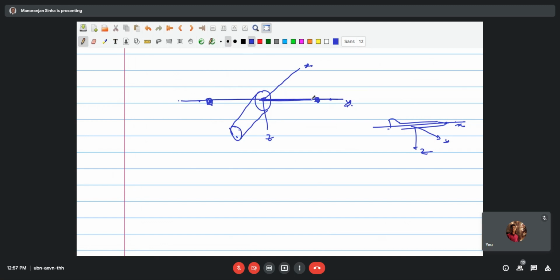So you will have one component here. This is the y, and the corresponding x. Let us say that we are measuring x from this position. This is my origin. Let us say this is rho 1, this is rho 2, and this is rho 3.